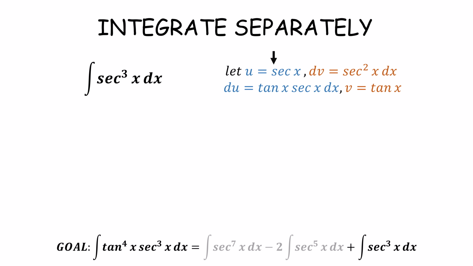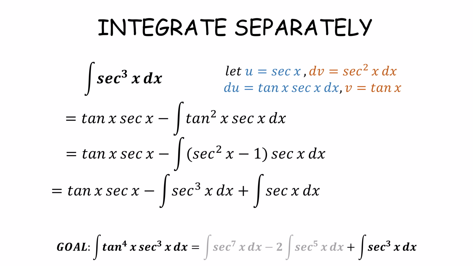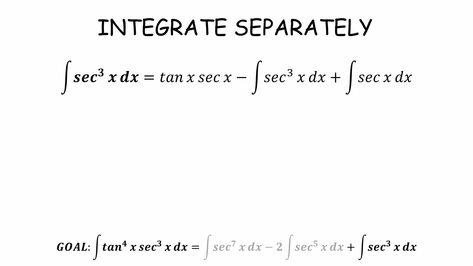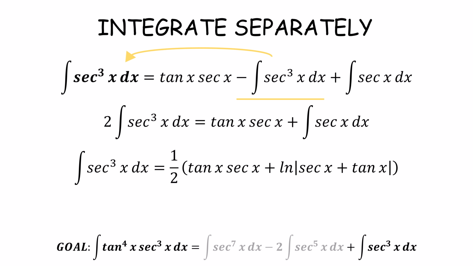So after calculation, and calculation. Next, we put the integral of secant cubed to the same side. Now we can get the integral of secant cubed equals tangent x times secant x plus ln of secant x plus tangent x, divided by 2, and this is our result.